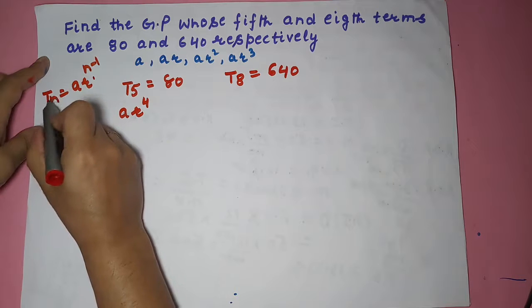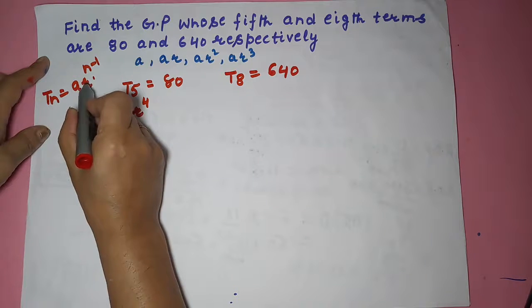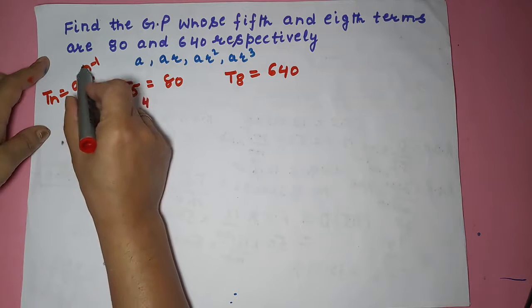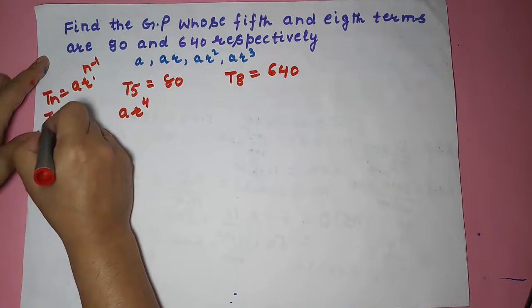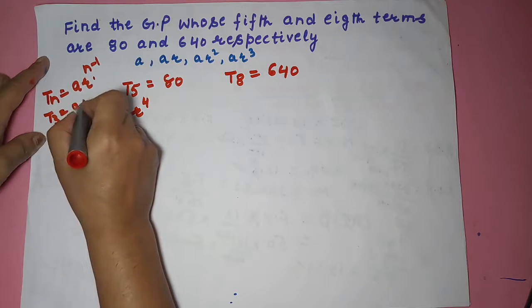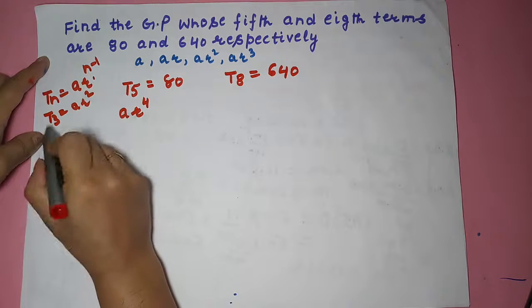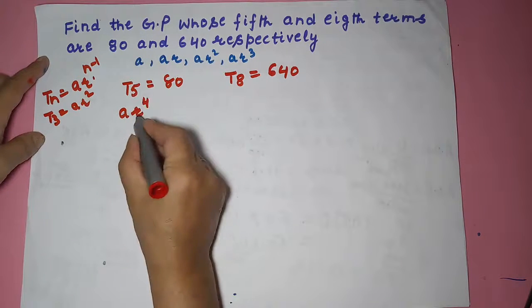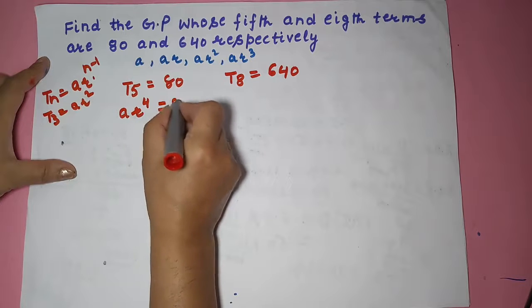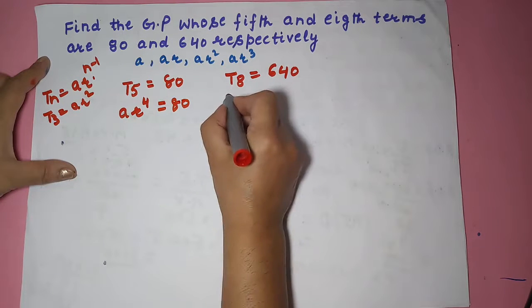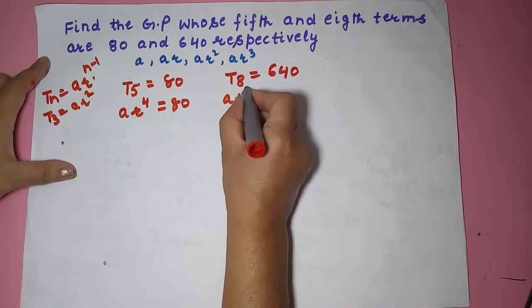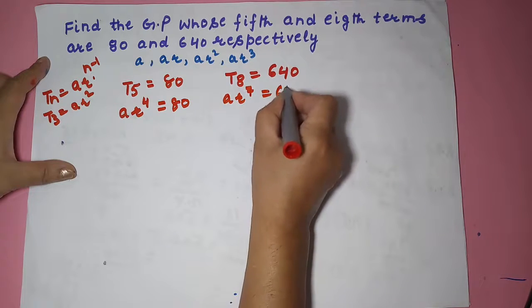So T3 will be AR square, and T4 will be AR cube. T5 will be AR^4, so AR^4 equals 80. T8 will be AR^7 equals 640.